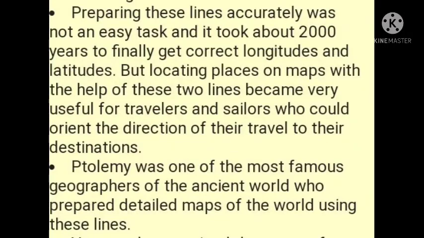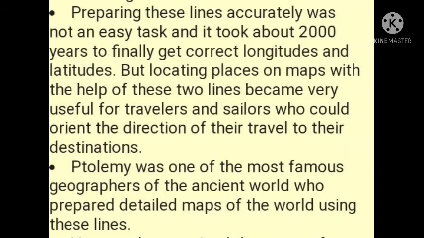Preparing these lines accurately was not an easy task, and it took about 2000 years to finally get correct longitudes and latitudes. But locating places on maps with the help of these two lines became very useful for travelers and sailors, who could plot the direction of their travel to their destinations.